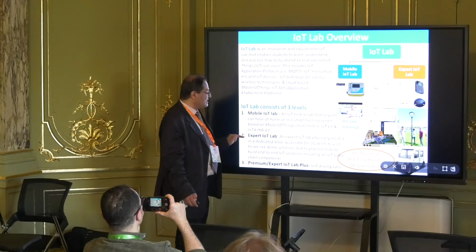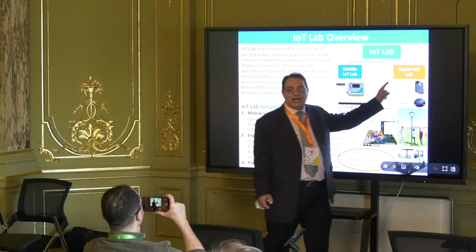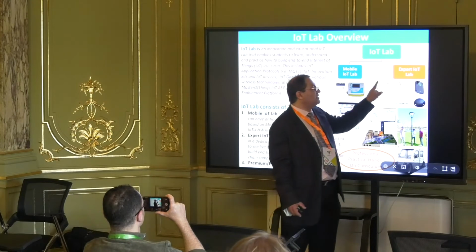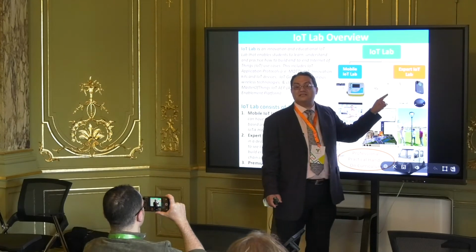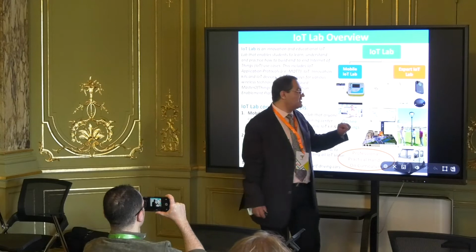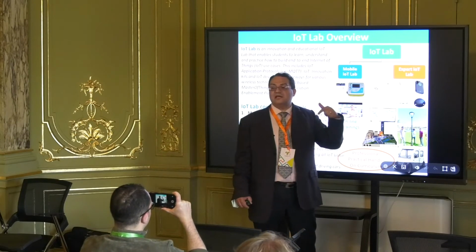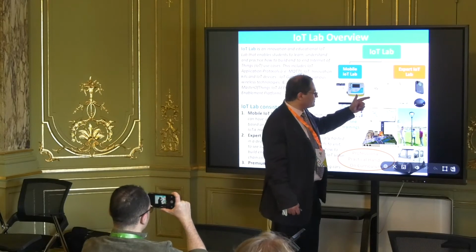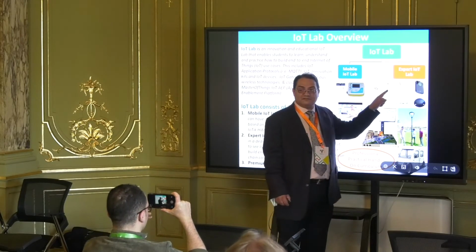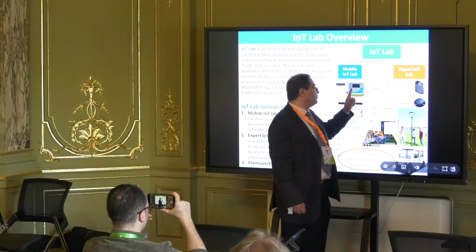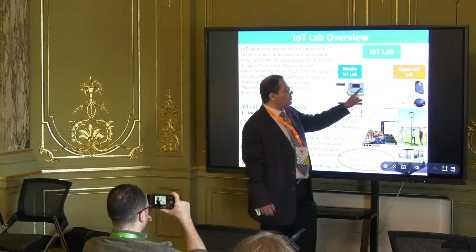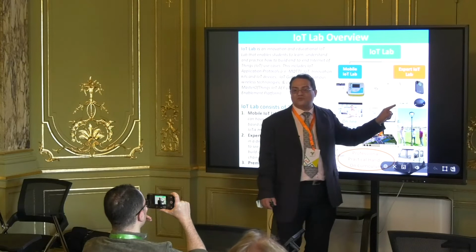The second level of the lab, we call it the Expert IoT Lab. This is where we have different types of devices that serve different solutions in the cities: parking, waste management, transportation management, street lighting, and so on. And in this version, we don't just have innovation kits like this one, but we also have the gateways, different types of gateways.